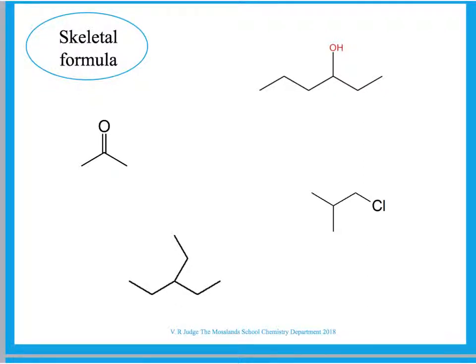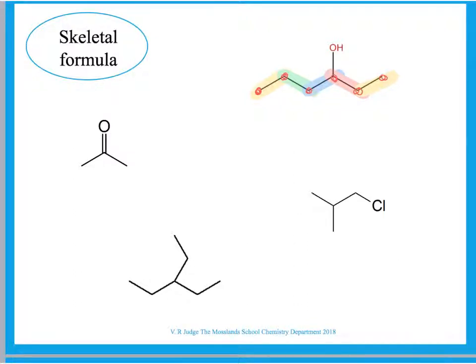So if we look at the top one, and we look at the bonds that we've got, one there, one there, one there, one there, and one there. So bonds between carbon atoms, we have got 1, 2, 3, 4, 5 bonds. In terms of the actual carbon atoms themselves, we have got 1 there, 2, 3, 4, 5, 6.